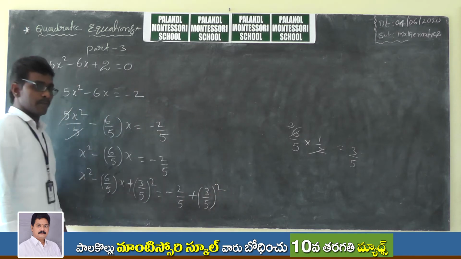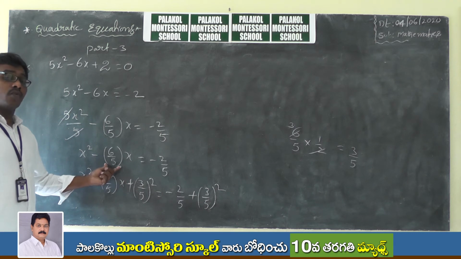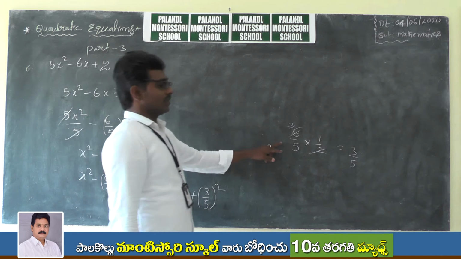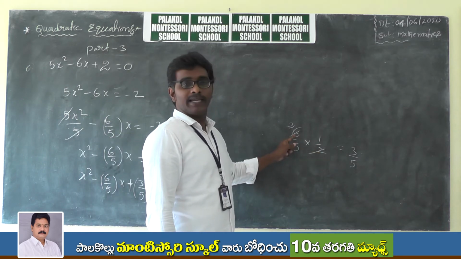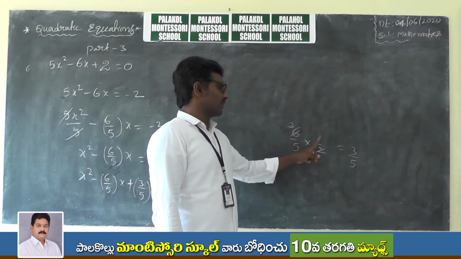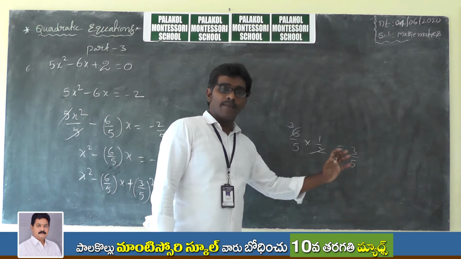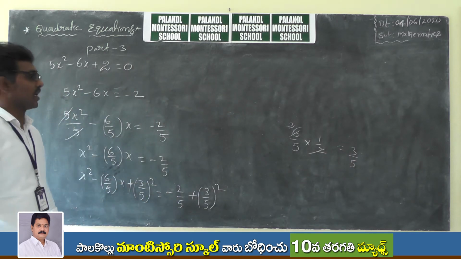Once again, remember that. Here, what is the coefficient of x? 6 by 5. So half of 6 by 5: this is cancelled. How many times? 3 times, 3 ones are 3 by 5. Square this number and add it on both sides of the equation.